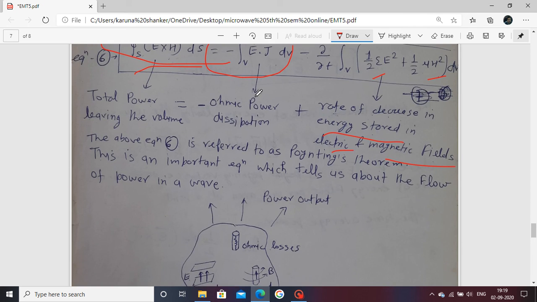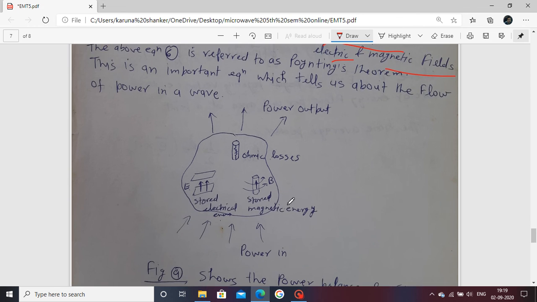Means by this equation number 5 we describe the Poynting theorem. The Poynting theorem is also indicated by power in and power out: power leaving the volume is equal to ohmic power dissipation plus energy stored in the electric and magnetic field.